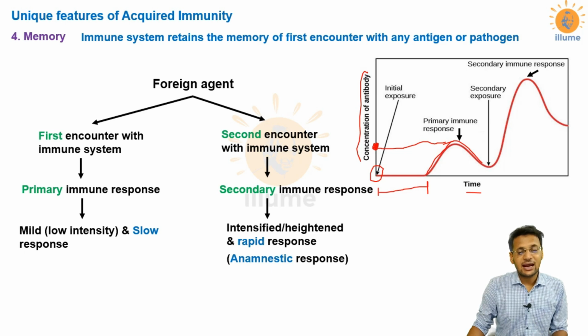After a certain time, whenever there is a secondary exposure, the immune response produced is really heightened. Look at the peak, look at the concentration of antibody here. In this case, this much antibody is being produced.